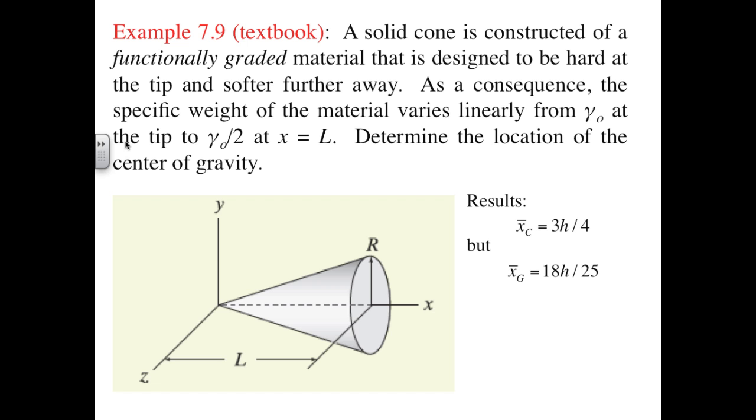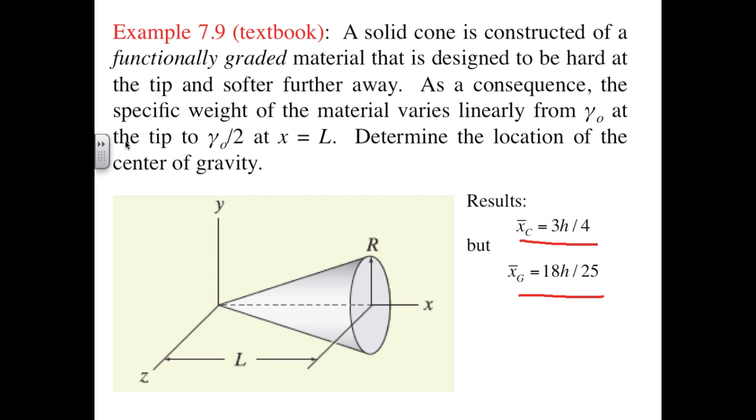In that example, a functionally graded material is present in a conical shape. Recall that the centroid of a cone is 1/4 of the height from its base, or 3/4 of the height from its tip. For the specific conditions of example 7.9, you will see that although the center of shape is 75% of the conical height as measured from the tip, the center of mass is 72% of the same distance. The two centers are not the same.